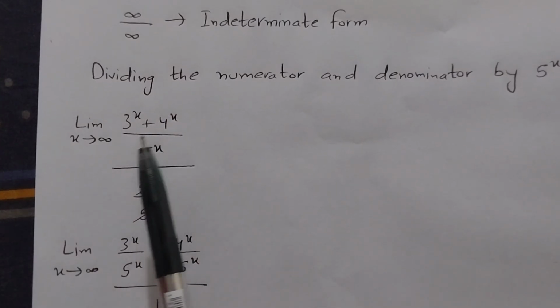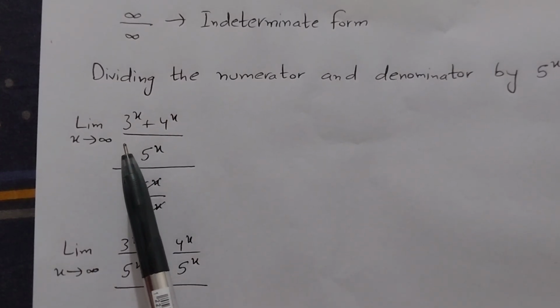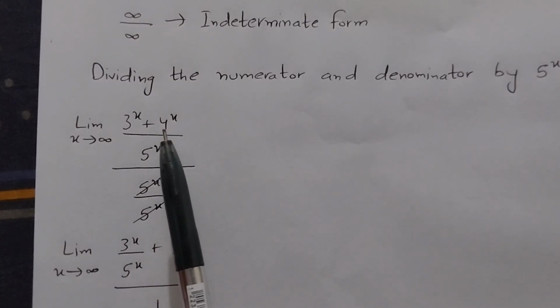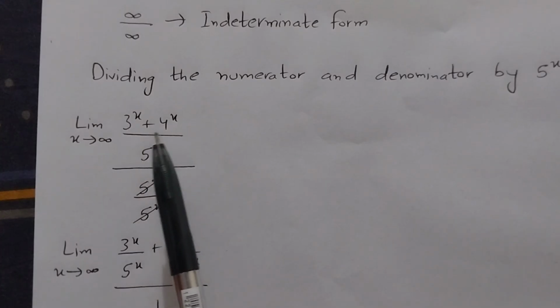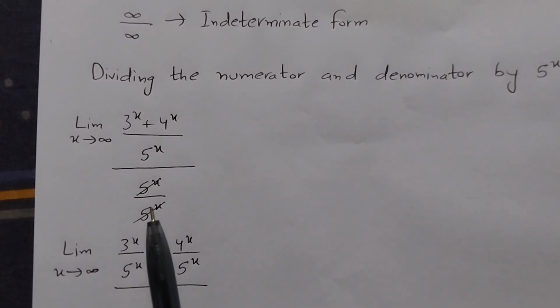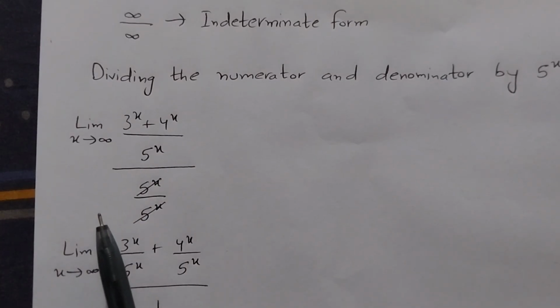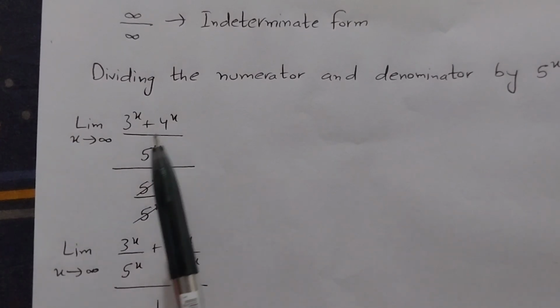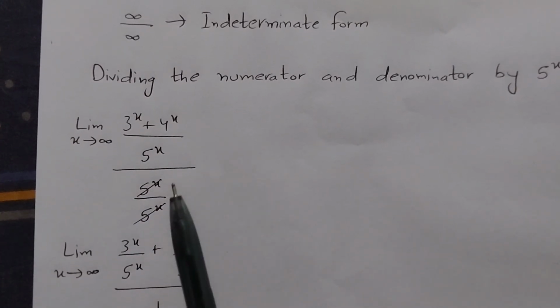Even by dividing by 3 raised to power x, you don't get anything other than infinity in the numerator. Similarly, you'll also get infinity in the denominator, and this also happens when you divide by 4 raised to power x.